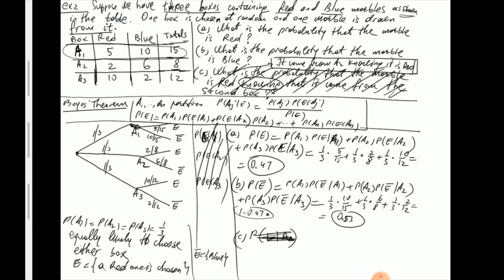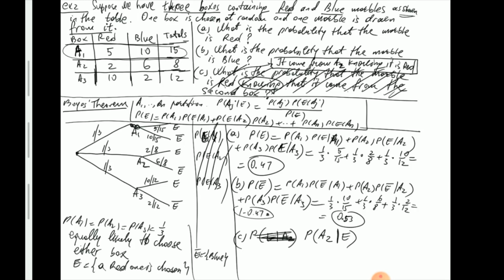So what is the probability that it came from the second box, given that the marble is red? So what I'm asking is the probability that it is from A2, given E, right? Given that the marble is red.